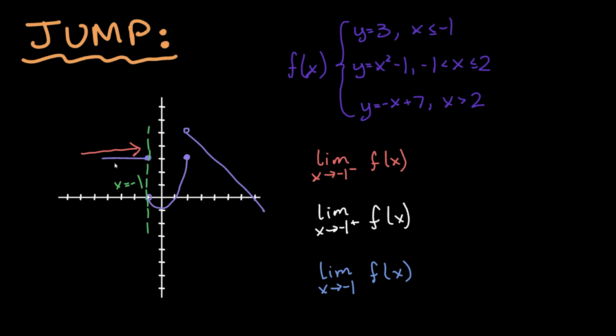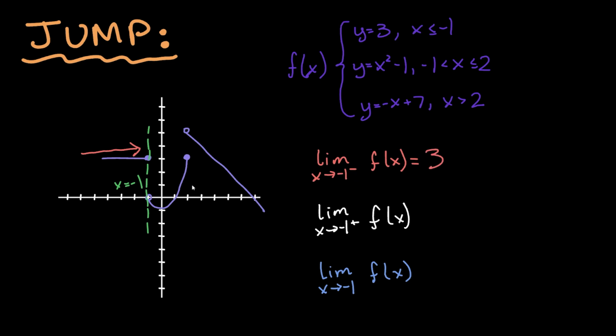Now what does it seem like our limit is approaching as x approaches -1 from the left? Well, since it's a flat line, it's a constant, meaning no matter what value of x you pick, it's going to stay at that same value, which as we see in our function is y equals 3, so the limit as x approaches -1 from the left, again pay attention to the negative, equals 3.